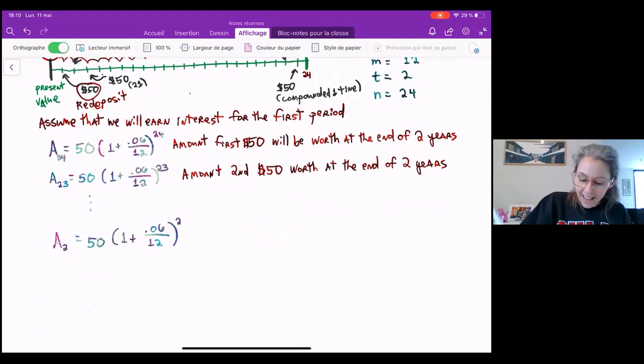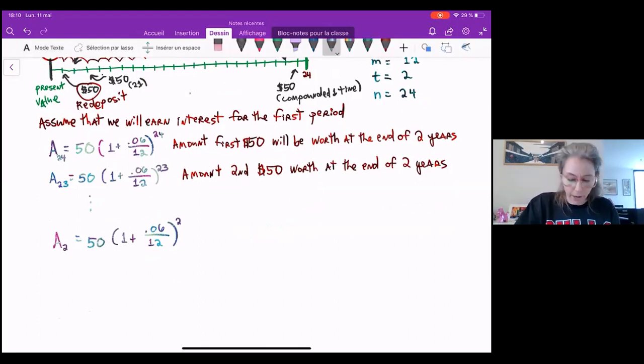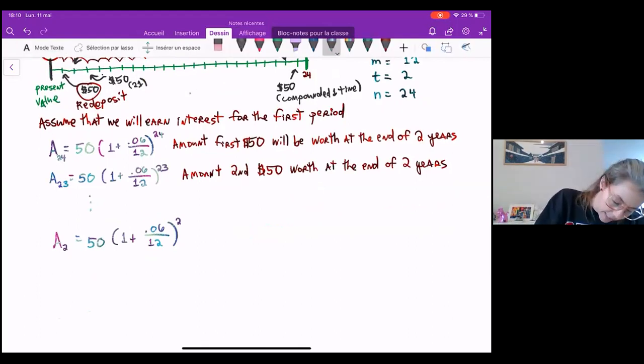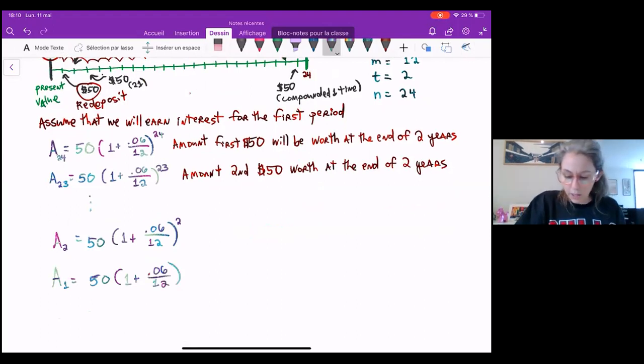And then my last money, it's only going to get compounded that one time. So that's A sub 1, and that's just 50 times 1 plus 0.06 over 12. So this is the amount that my final deposit is worth at the end.